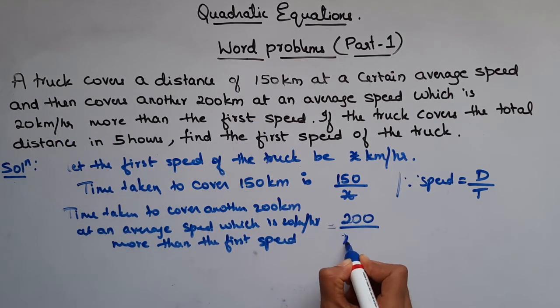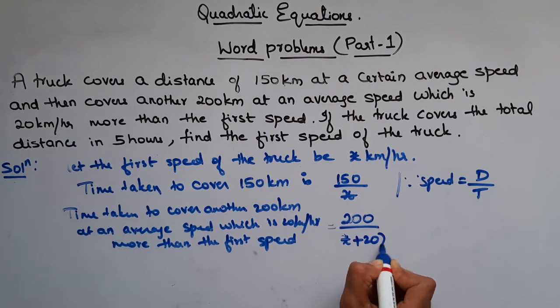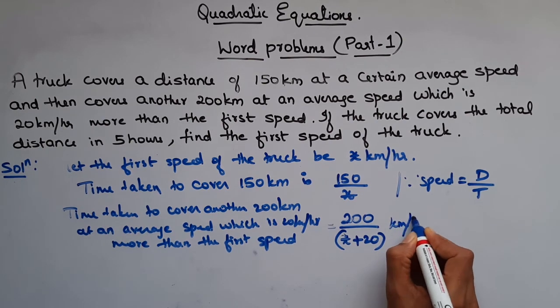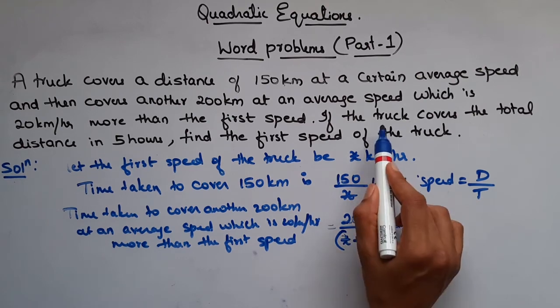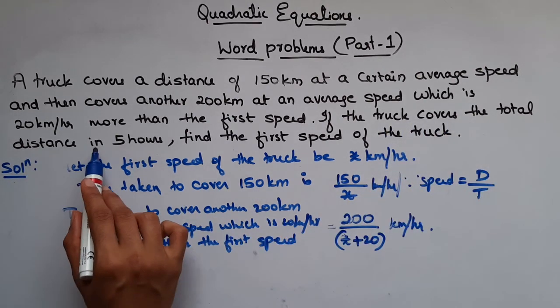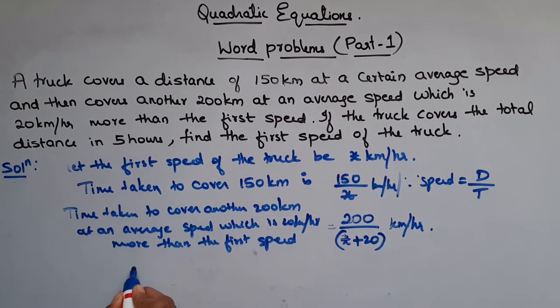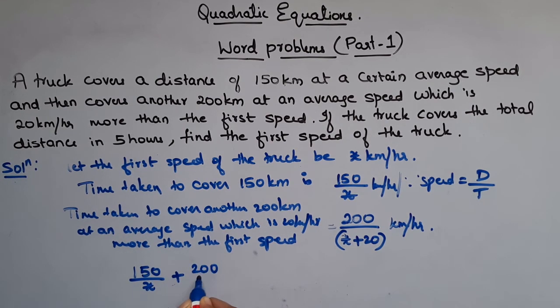Here the speed is x plus 20, in kilometers per hour, okay? Further it continues, the truck covers the total distance in 5 hours, that is 150 by x plus 200 by x plus 20 is equal to 5.